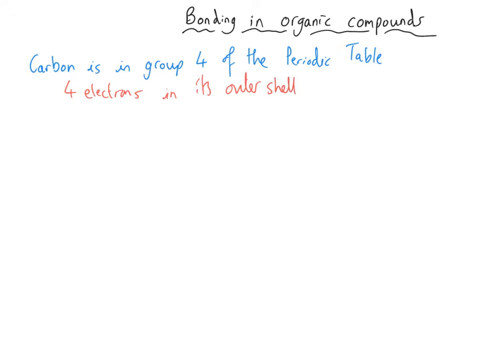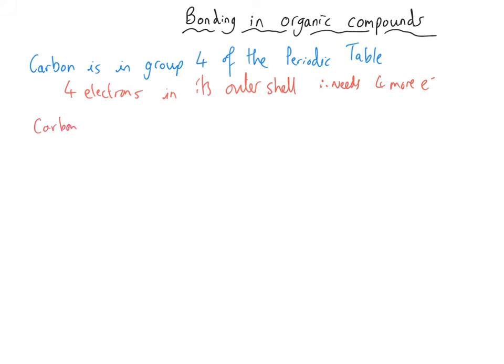And since it's got 4 electrons in its outer shell, it therefore needs 4 more. And what that does is that allows it to have its full outer shell of 8.